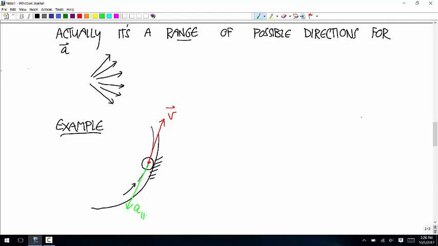Would it be turning this way or this way? Yep, toward the center of that circle. So there's the perpendicular part.